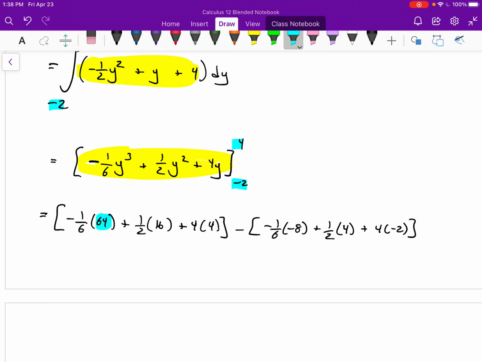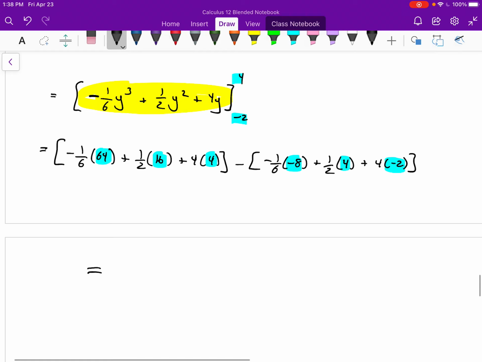All right, so again, 64 is 4 to the power of 3, 4 to the power of 2, 4 to the power of 1, -2 to the power of 3, -2 to the power of 2, -2 to the power of 1. Do all that good stuff, and you should get exactly 18.